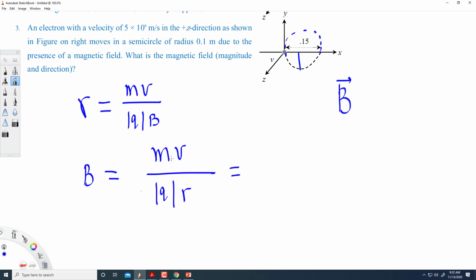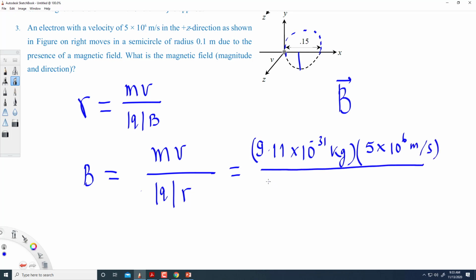So mass of the electron is 9.11 times 10 to minus 31st kilogram. It is moving at 5 times 10 to 6 meters per second. And charge of the electron is 1.6 times 10 to negative 19 coulomb, and the radius of the circle is given, 0.1 meter.